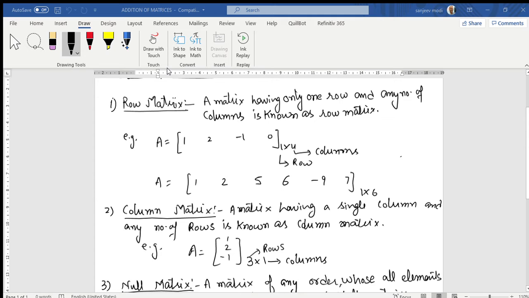Now we come to another part, that is rectangular matrix.